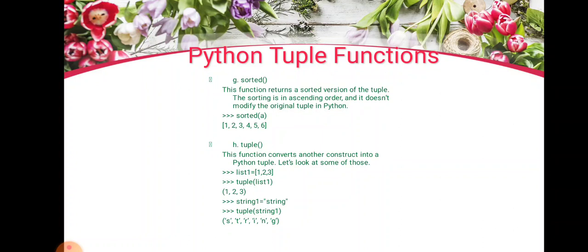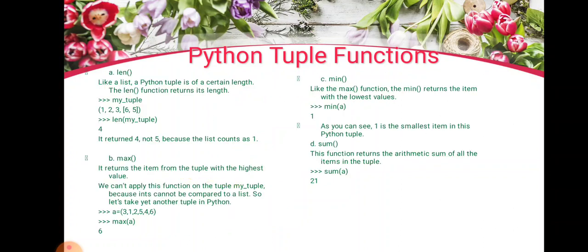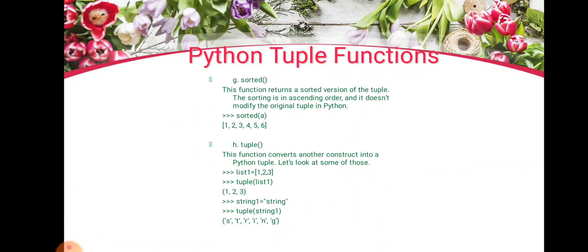It keeps the original, but it will display the sorted tuple. Sorted of a: see here, a is in an unarranged manner. a is equal to 3 1 2 5 4 6. Now after giving sorted of a, it gives 1 2 3 4 5 6.